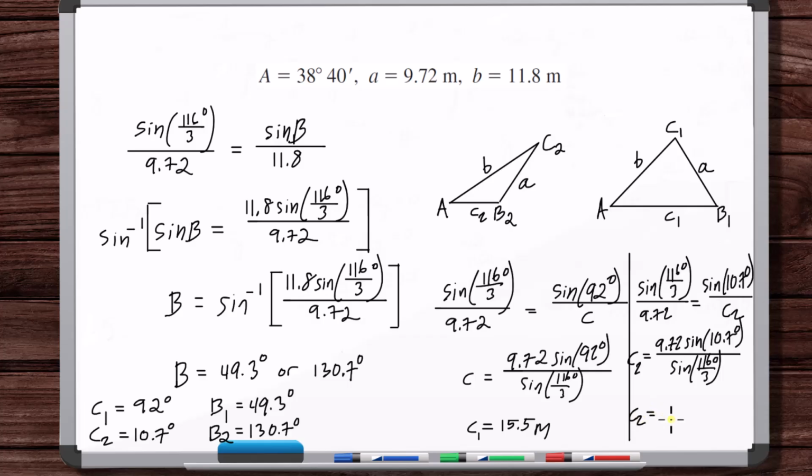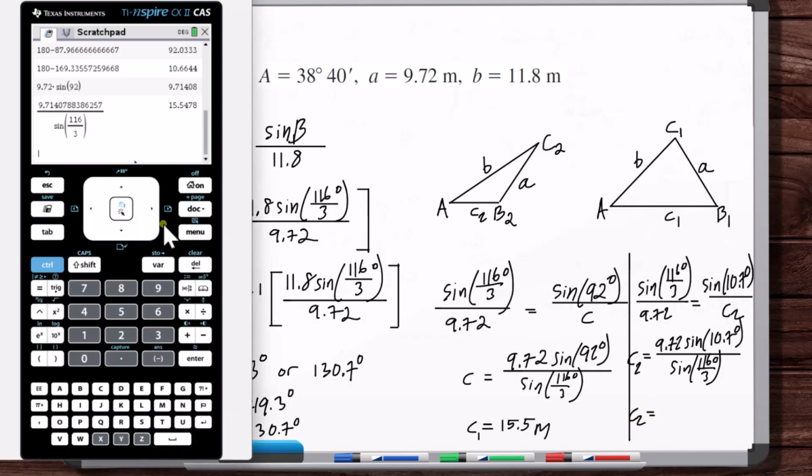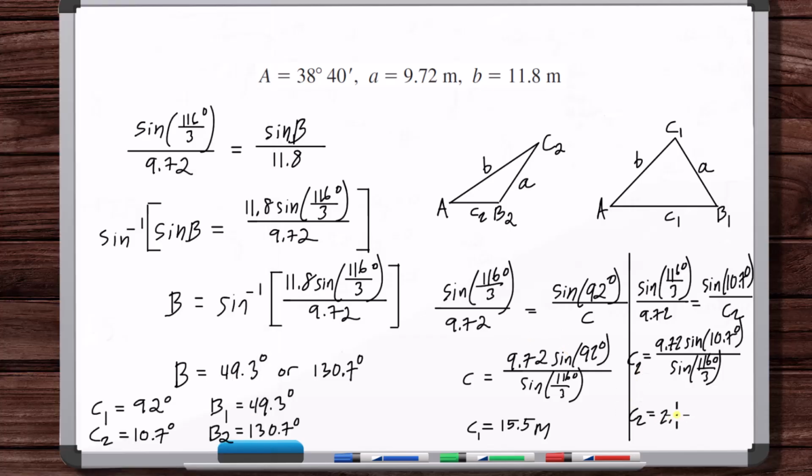So C2 is equal to 9.72 divided by this, 2.89 meters. There we go. So there's the two triangles. And now I probably should have been converting these back to minutes, but you get the idea. Like I should have said, this is 49, and I guess that's going to be a third of a minute.